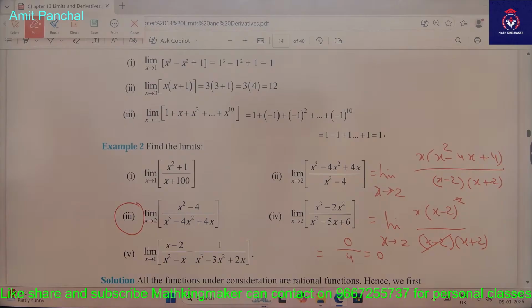Sir, should I do the fourth one, sir? Yeah, please. Limit x tends to 2, x cube minus 2x square minus 5x plus 6 is equals to limit x tends to 2, x square, x minus 2 by x minus 2.